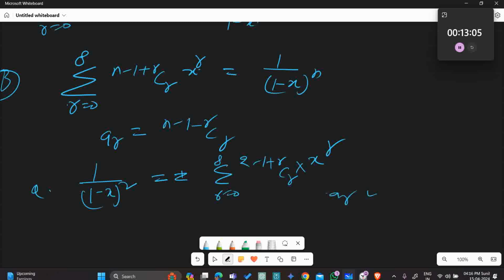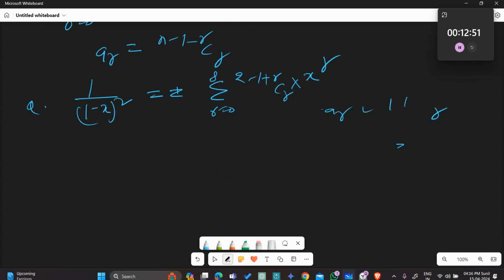A of r is equal to (1 plus r)Cr, which is equal to r plus 1 only. Right? So the coefficient of x to the power 20 is equal to 21. 21 here.